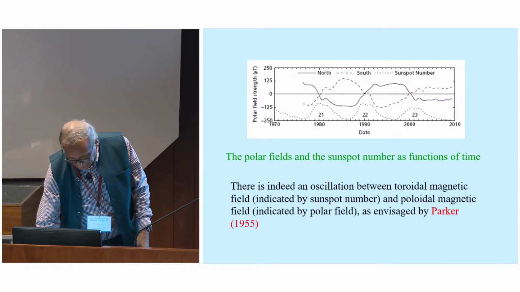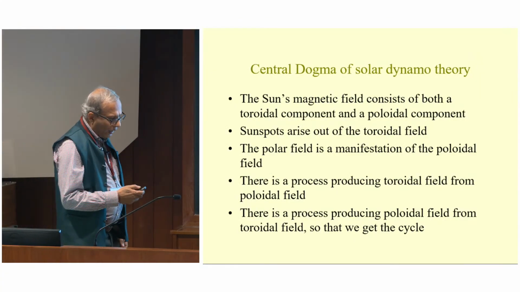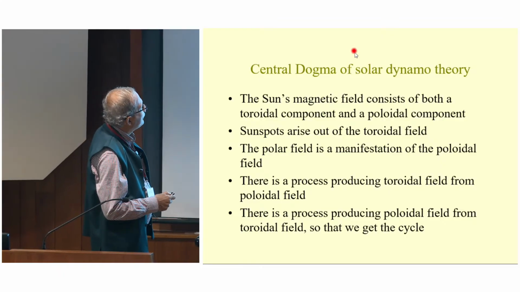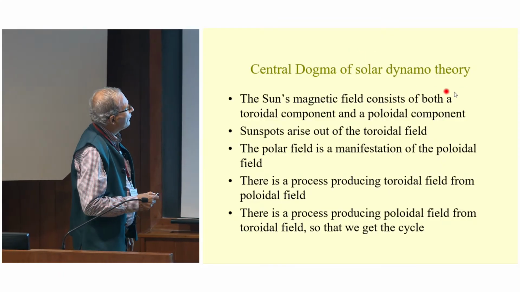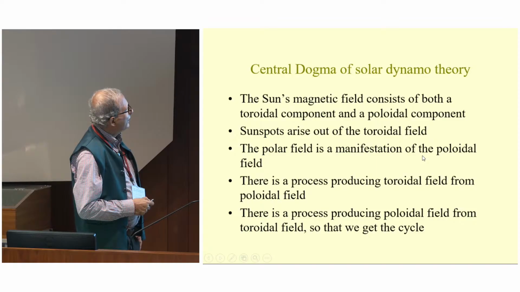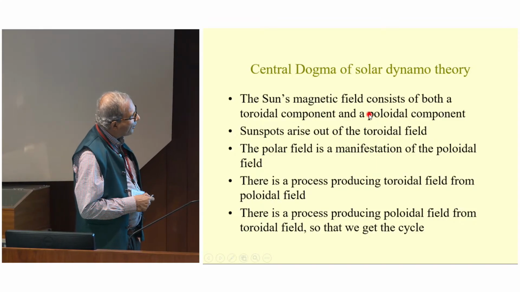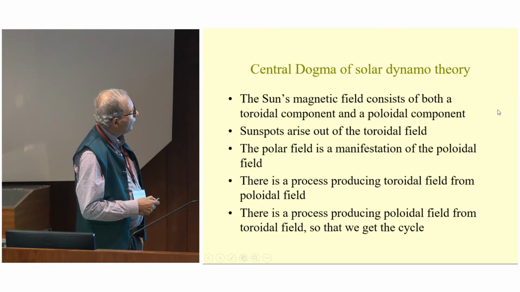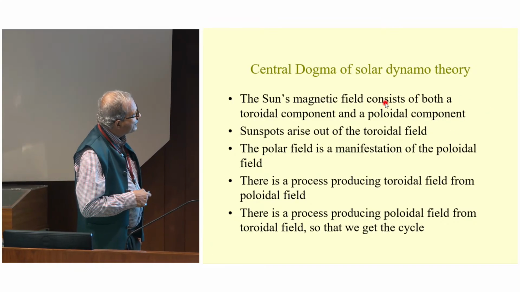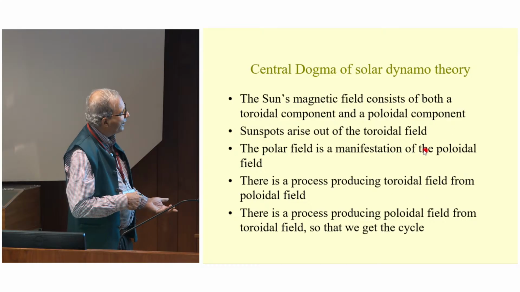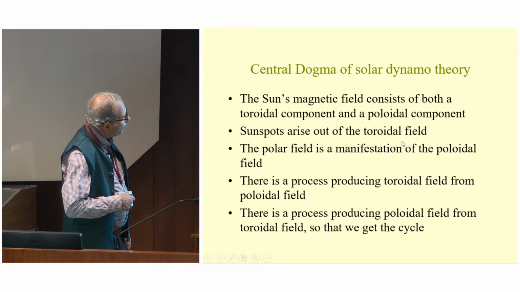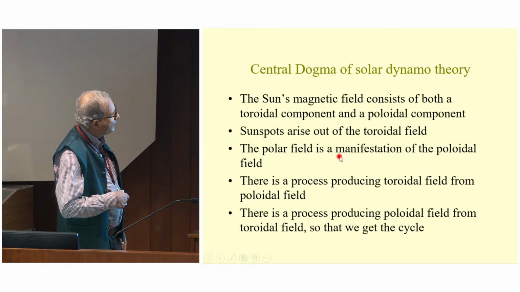So now I am ready to state what I would call the central dogma of solar dynamo theory. The sun's magnetic field consists of both a toroidal component and a poloidal component. The sunspots arise out of this toroidal field, and the polar magnetic field is a manifestation of the poloidal component.